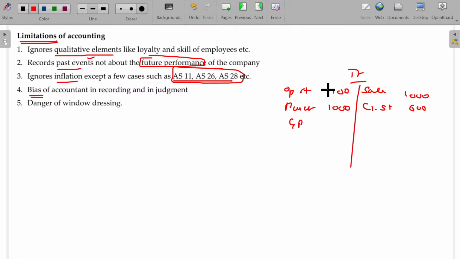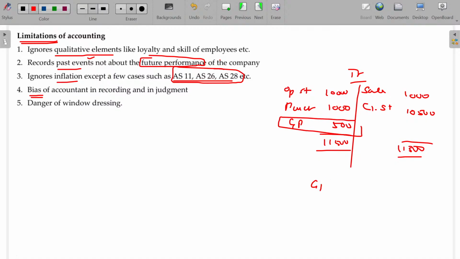I can make it this way: opening stock being 10,000, closing stock being 10,500, sales being 1,000, so 11,500, and 500 is the GP.